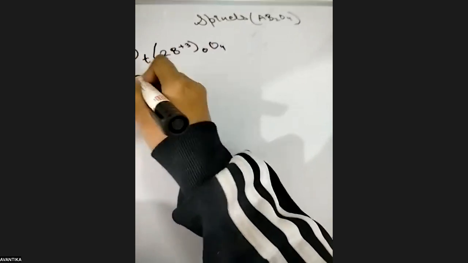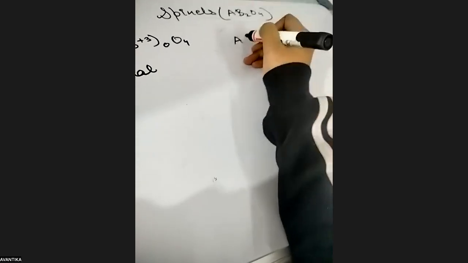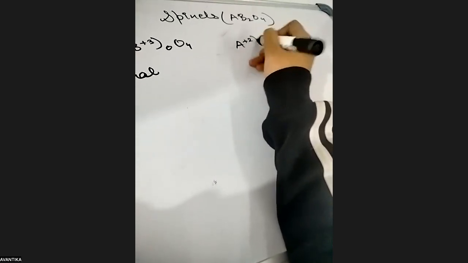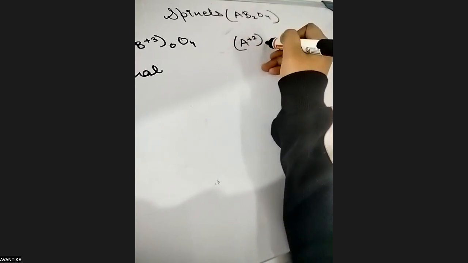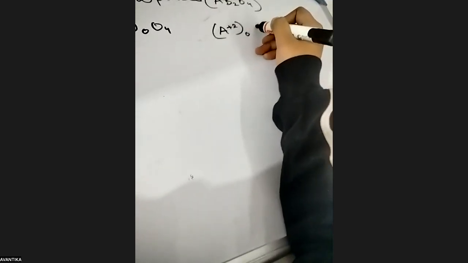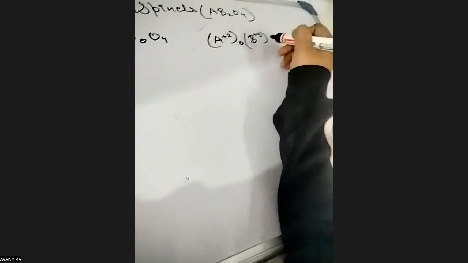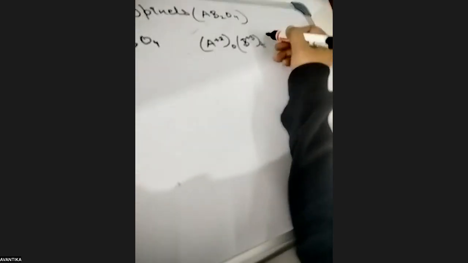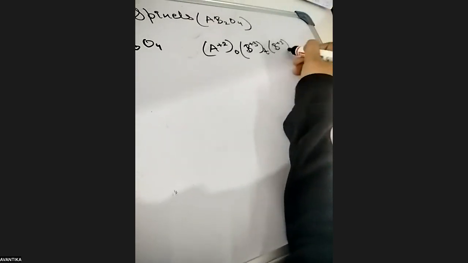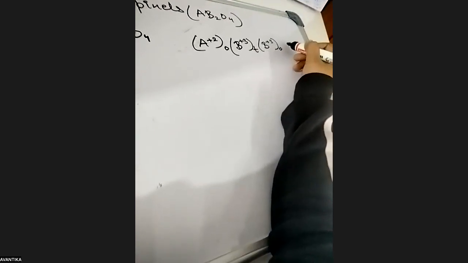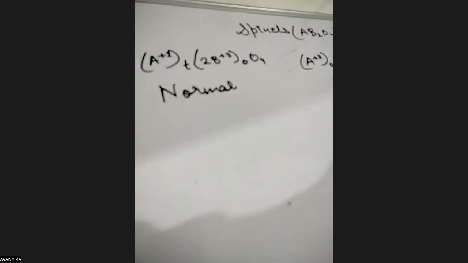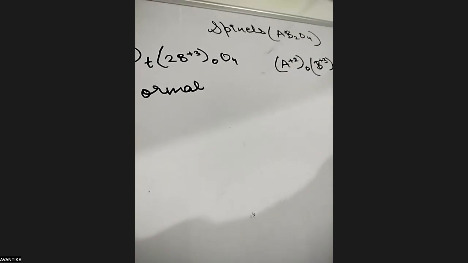Whereas in inverse spinel, one metal is present in +2 oxidation state in octahedral void, and one in +3 oxidation state is present in tetrahedral void, and another in +3 oxidation state is present in octahedral void, and the oxide ion is present in FCC. In spinels AB2O4, A can be equal to B or A cannot be equal to B.